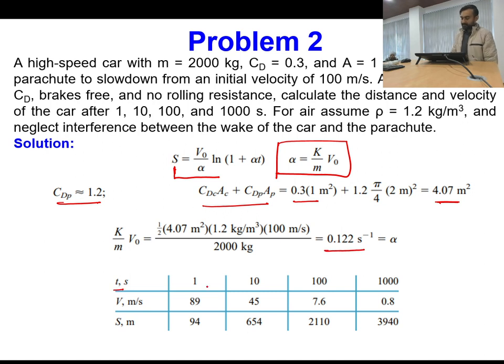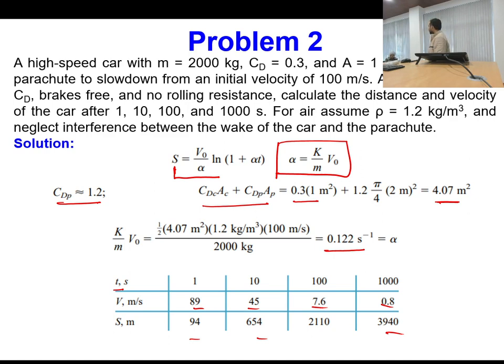So now you can see at time 1, 10, 100 and 1000 seconds, these are the velocities and these are the distances. So if you consider that rolling friction resistance is neglected, brake is not applied, and only the parachute is allowed to stop the car, in that case, if the car is moving at 100 meters per second and the parachute is of 2 meter diameter, you can see it has already traveled a distance of about 3.94 kilometers before stopping.